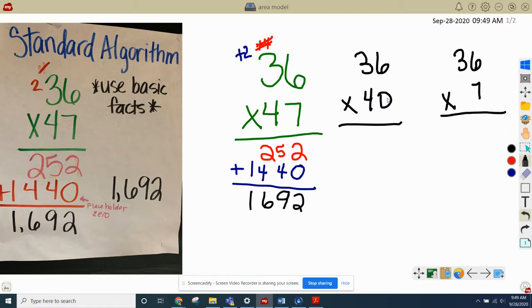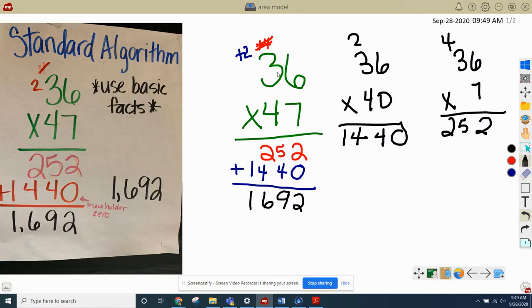Here's our 0. We don't need to multiply by it, so we're just going to add it to the end. 6 times 4 is 24. Carry a 2. 3 times 4 is 12, plus 2 is 14. Same partial product. 6 times 7 is 42. Carry a 4. 3 times 7 is 21, plus 4 is 25. So that's how we get those two partial products.